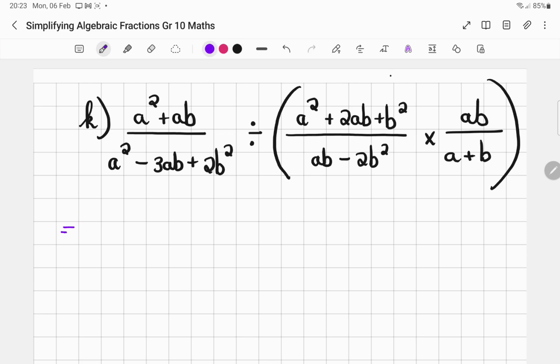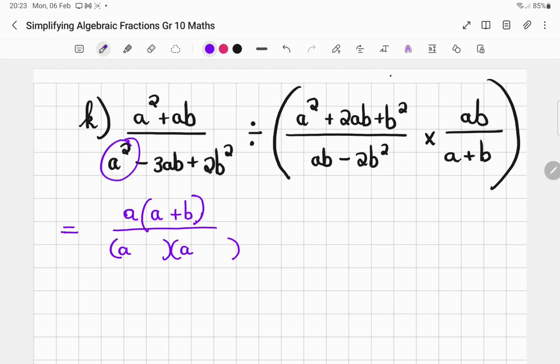Okay, so at the top over there, I'm going to take out an a. Sorry, my pen is really not helping me. An a, and what is left? A plus b. All over. Okay, so this again is a trinomial. I'm just going to do it by means of testing. I know that I'm going to have an a times a, because a times a should give you that a squared over there.